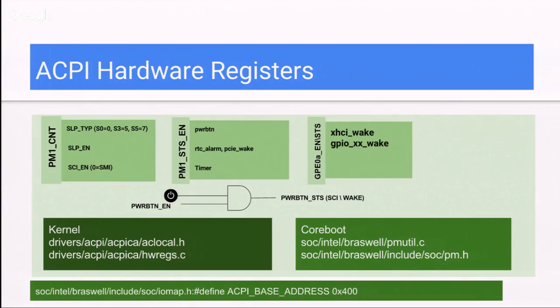So the OS would then install the handler for the SCI. And if the system was in a sleep state, if it was in S3, then the same power button can be used to wake the system up. So those are all configured in here.